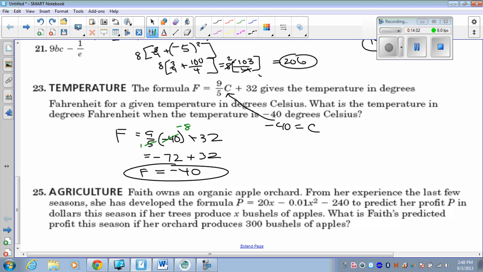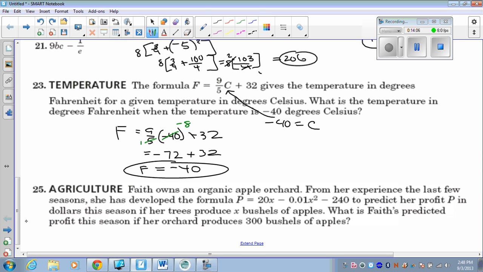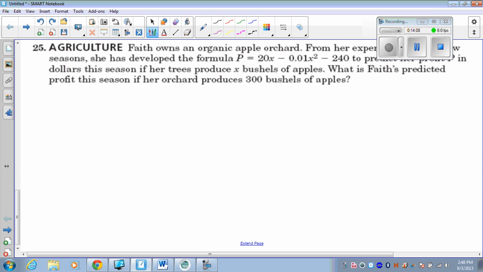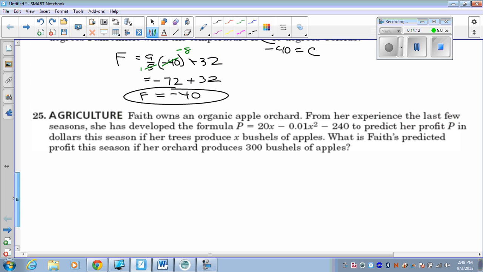So, agriculture. Faith owns an orchard, and so on. What is Faith's predicted profit if her orchard produces 300 bushels of apples? So they tell you that X represents the bushels of apples.